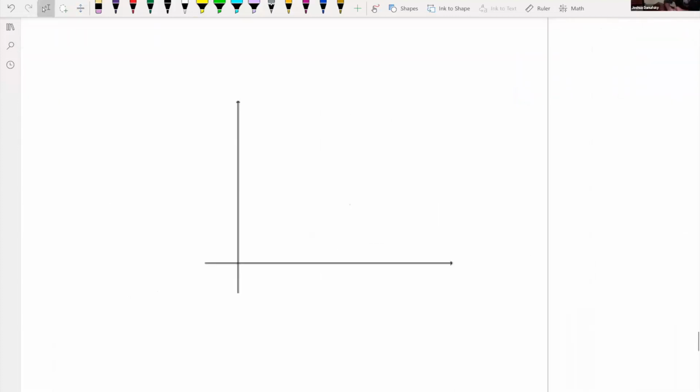So I'm going to draw two points and a function connecting them. Maybe something like that. And so we've got this function f, and I'm going to call this a, and over here we're going to call this b.